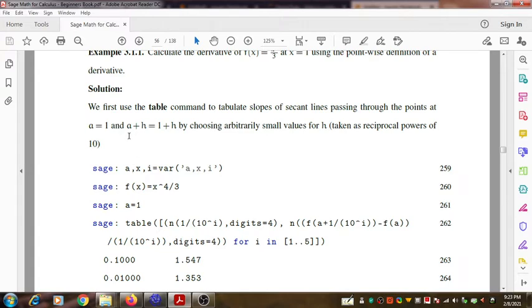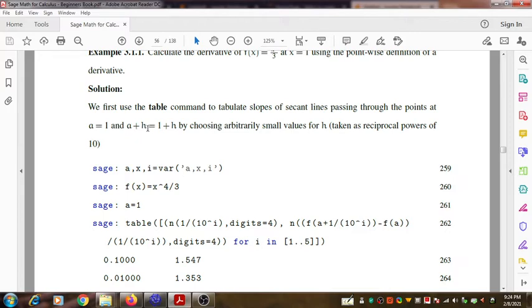Here a is taken equal to 1, and at the point a we add h and obtain another point very close to the given point a. This is ensured by allowing h to tend to 0, or by reducing the value of h in such a way that it tends to 0.